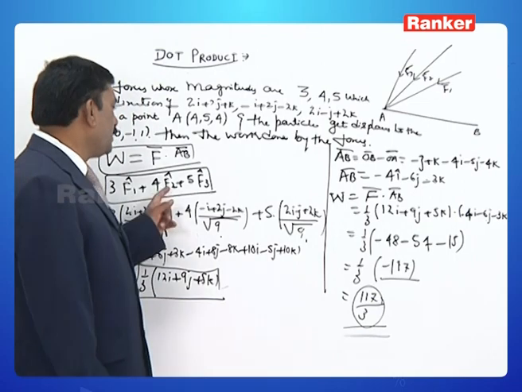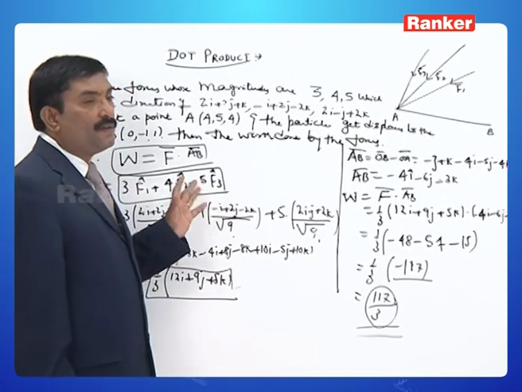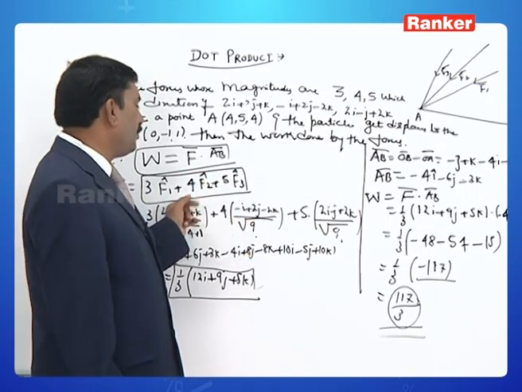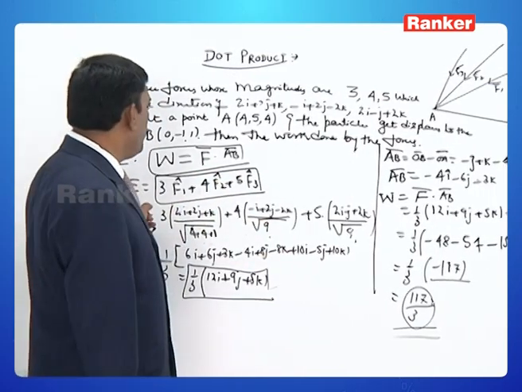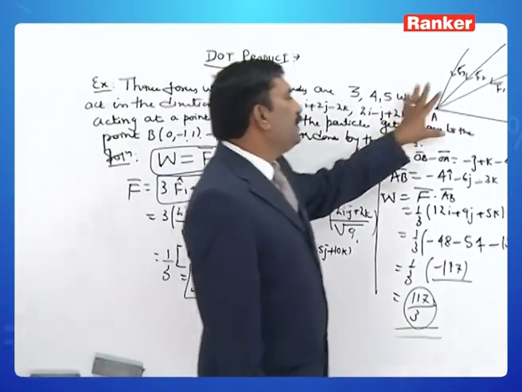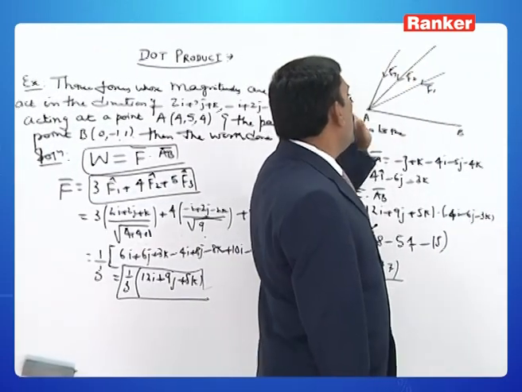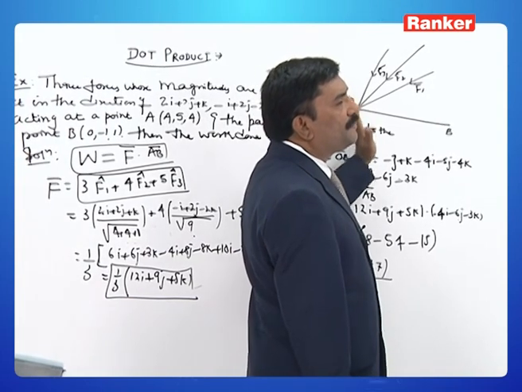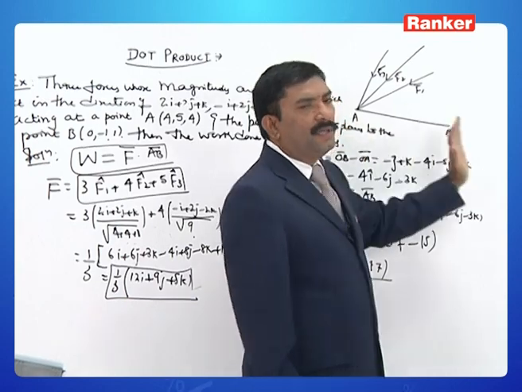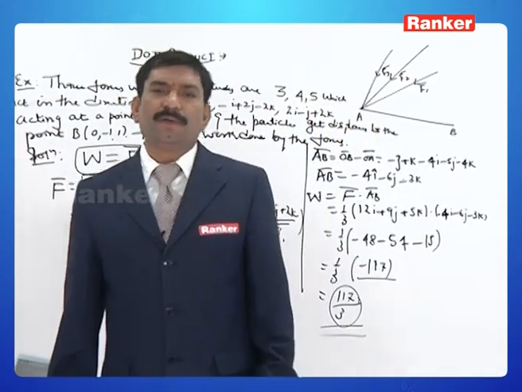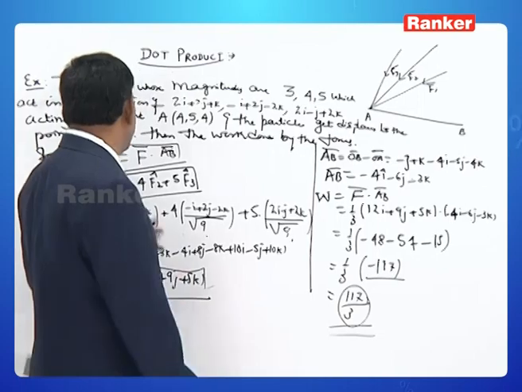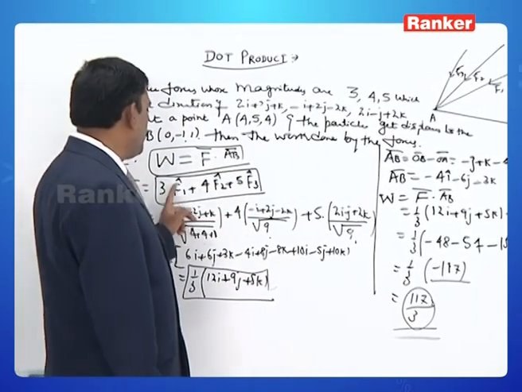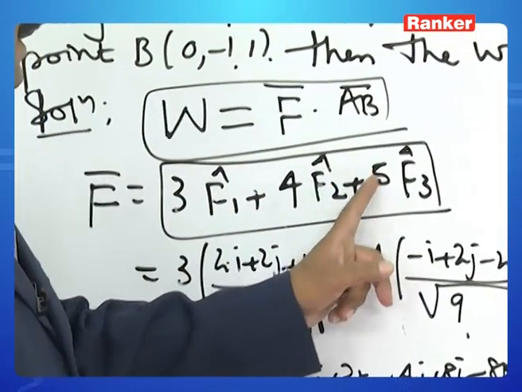Since the magnitudes are given, here forces are not given directly, hence for finding the work done, first you have to find F bar. Because all 3 forces act at a point, the resultant force will be formed at A, then the particle gets displaced up to B. So now F bar dot AB bar: find F bar, 3 into F1 cap, 4 into F2 cap, 5 into F3 cap.